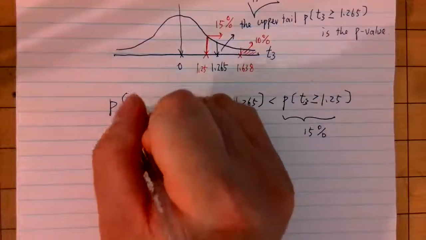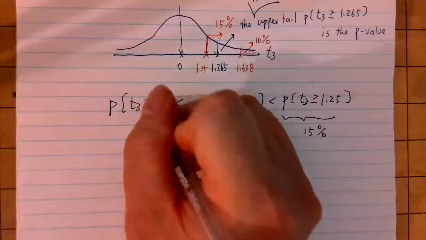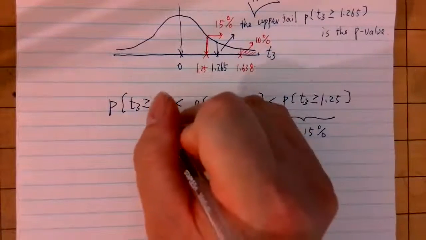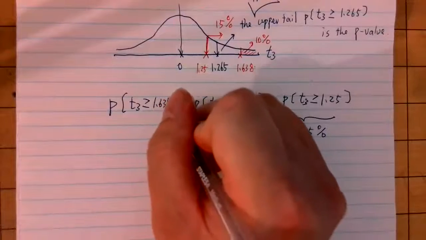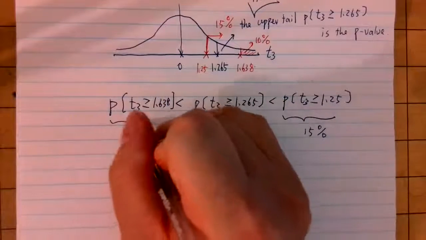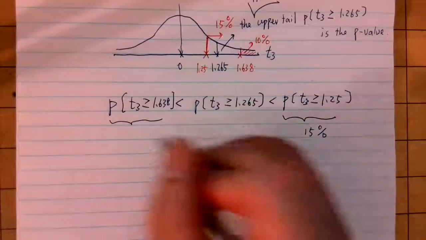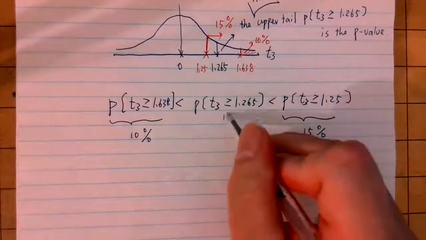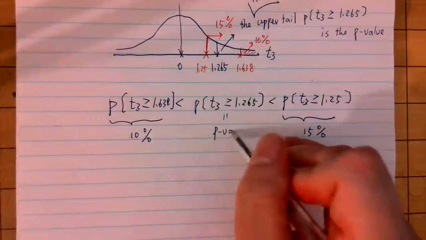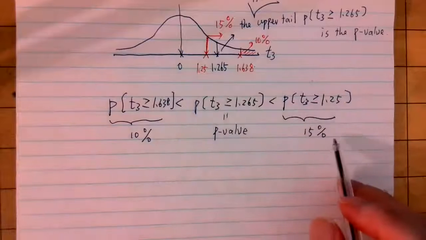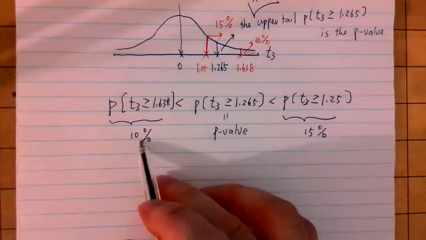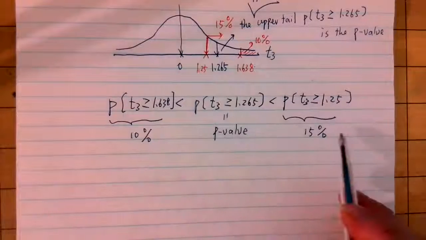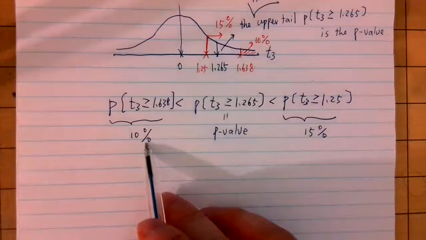And on the other side, T3 greater or equal to 1.638, from the table, is 10%. So we know the p-value is between 15% and 10%.